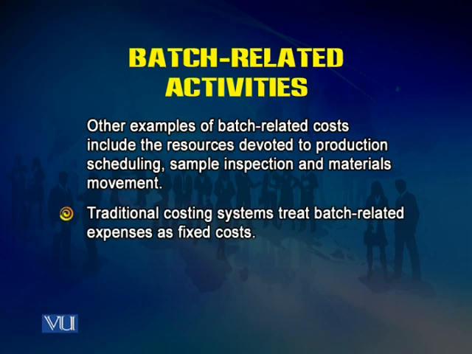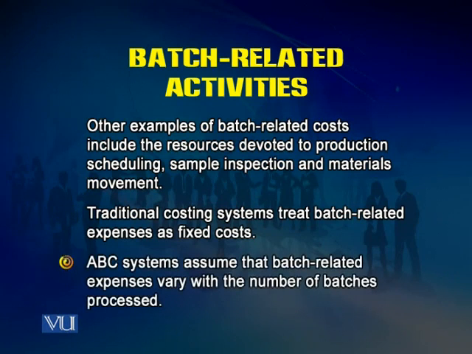Traditional costing systems treat batch-related expenses as fixed costs. ABC systems assume that batch-related expenses vary with the number of batches processed. This is one area, therefore, where a significant difference arises in the treatment of expenses in the traditional system and the activity-based system.